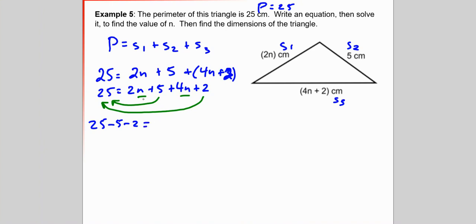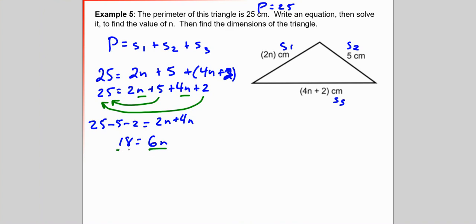And over here we had the 2n plus the 4n. I guess we could have added that up, and that would have made our job easier. So we have 25 minus 5 is 20. 20 minus 2 is 18. And 6n.